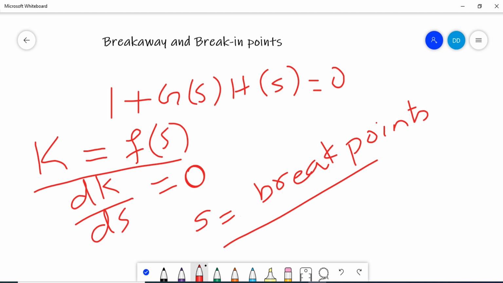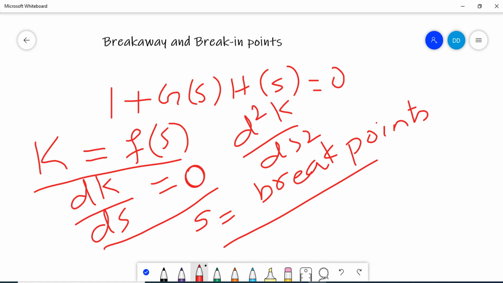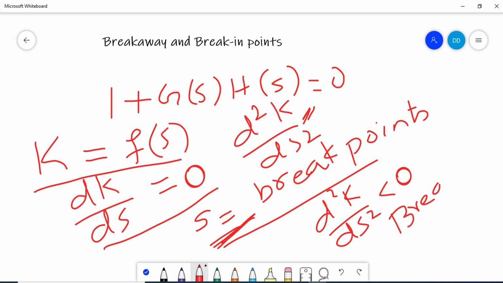So how do you decide whether it is a breakaway or break-in point? To decide this, differentiate again. We find d square K by d s square and substitute the value of s obtained. If d square K by d s square, after substituting this value of s, is less than 0, then it is a breakaway point.